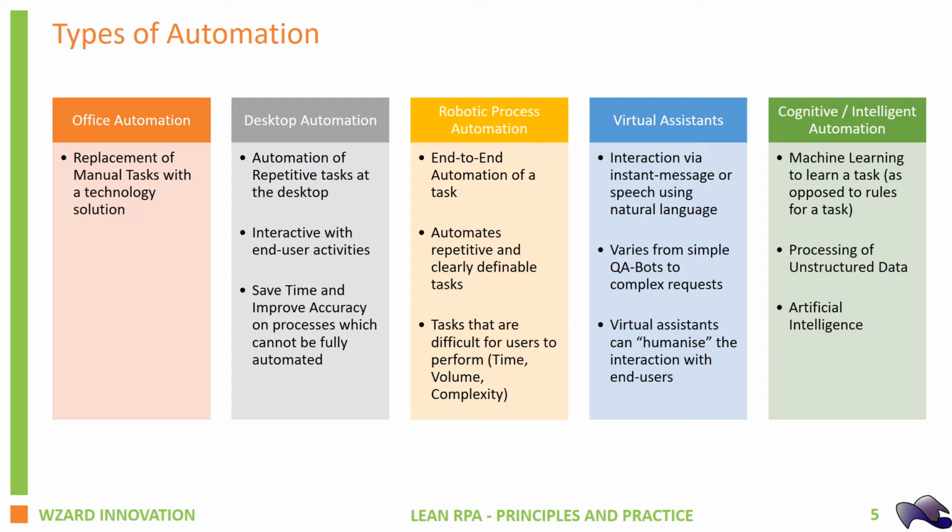You've then got virtual assistants or chatbots, and they come in many shapes and sizes. So we're going to drill into that one in a little bit more detail. And then finally, at the right-hand side, you've got what's often referred to as artificial intelligence or cognitive or machine learning, sort of the more learning-based type tools. And we're going to look at each of these different types of automation in more detail.